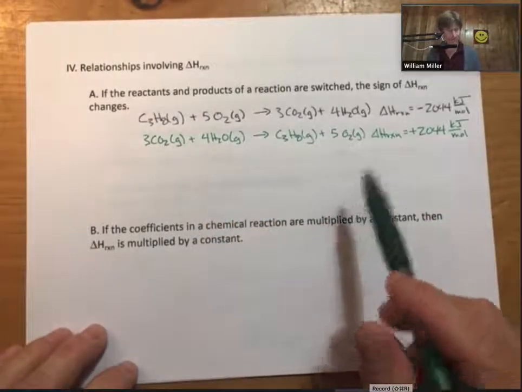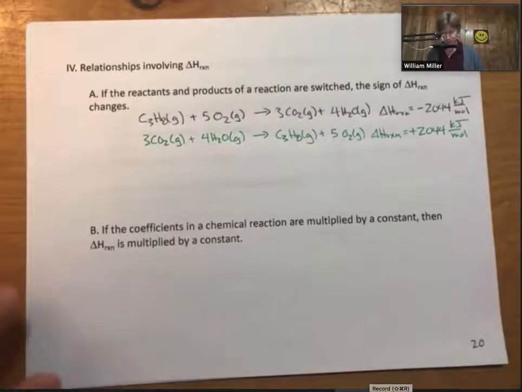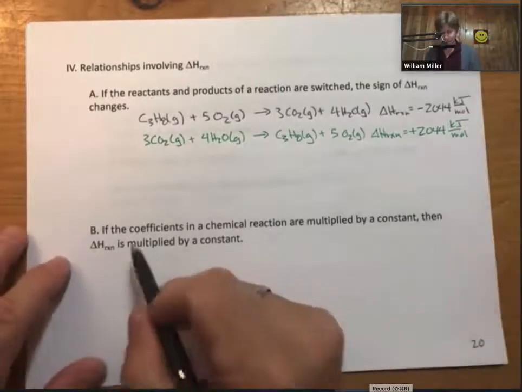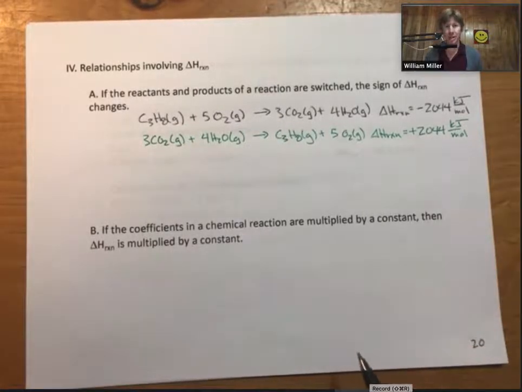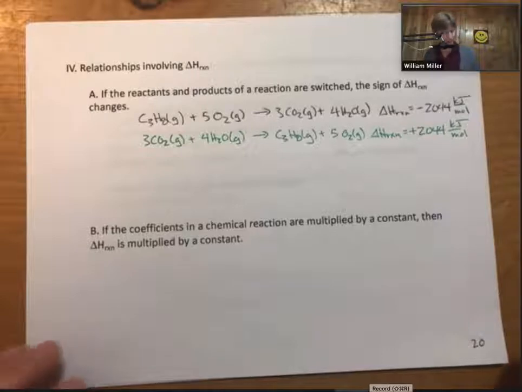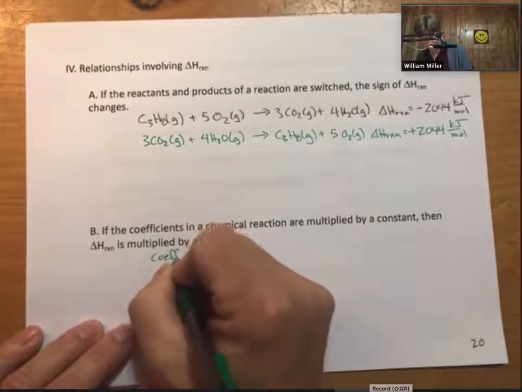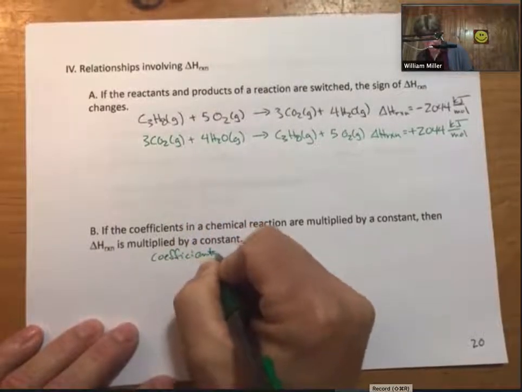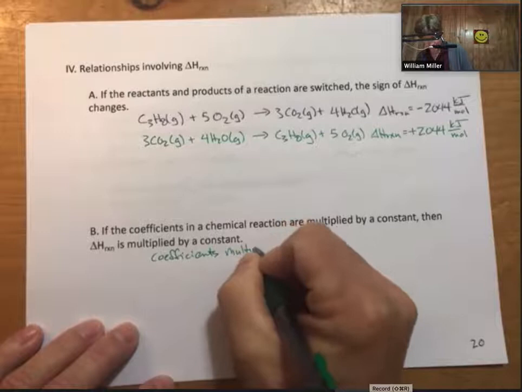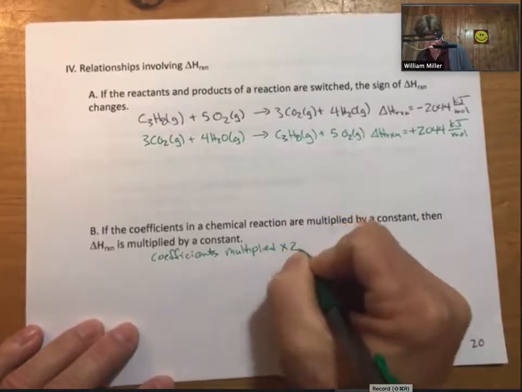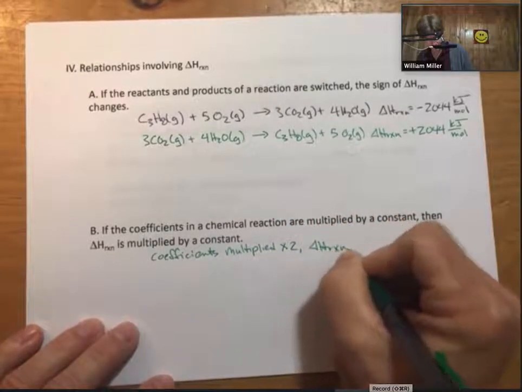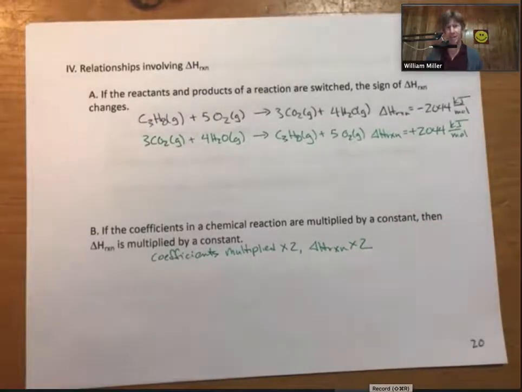Okay, so by that same way, if the coefficients in a chemical reaction are multiplied by a constant, then delta H reaction is multiplied by a constant too. So if the coefficients are multiplied times 2, delta H is multiplied times 2 as well.